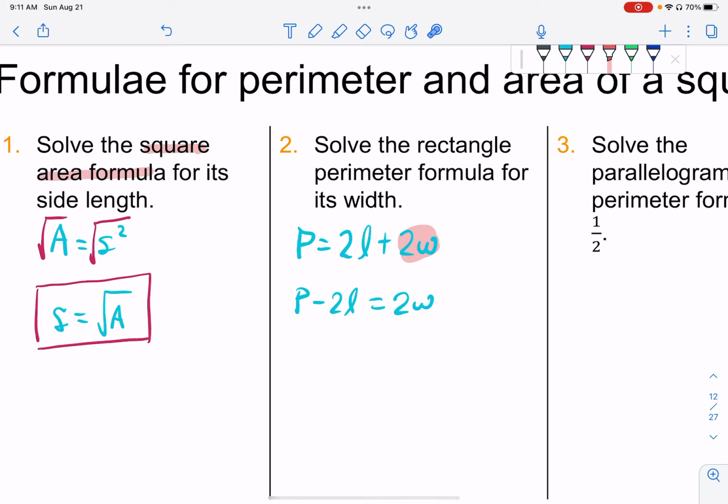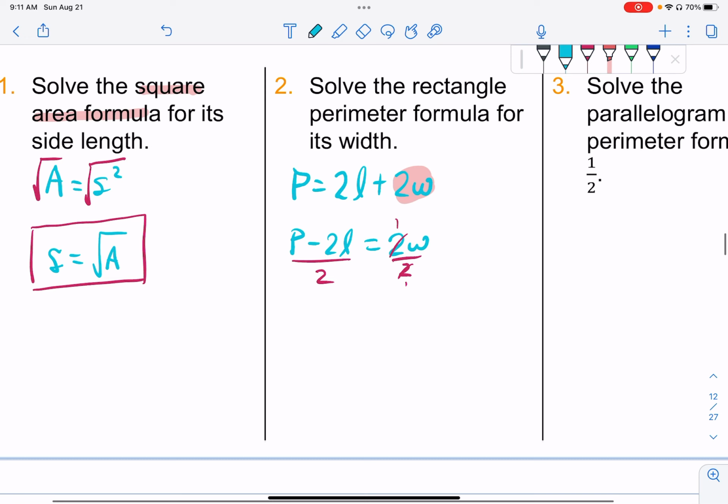I can get rid of this 2 if I just divide both sides by 2, and they cancel out on the right-hand side, and they cancel again because they're essentially a fancy 1. All right, and then let me flip this thing over, and I would have W is equal to the fraction P minus 2L over 2.